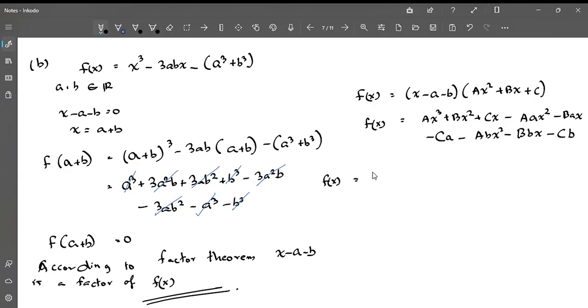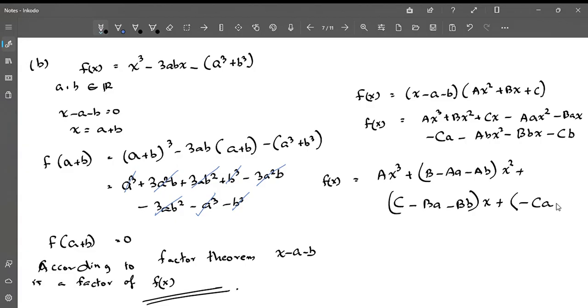Taking x squared terms together, f(x) equals ax cubed plus (b minus a·a minus ab)x squared plus (c minus ba minus bb)x plus (minus ca minus cb).